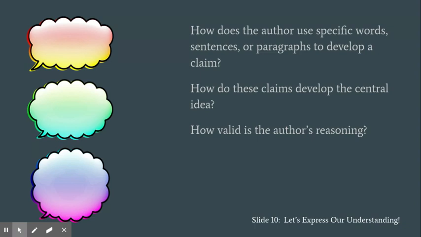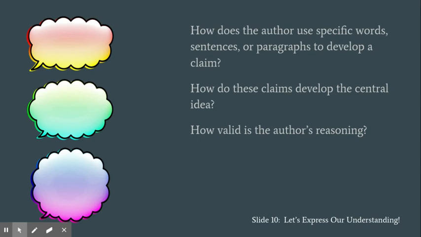I'm going to give you a few minutes to jot down some notes in response to those questions. I would open up a blank Google Doc and just jot down some notes. And then we're going to participate in the whole class discussion about these questions using the conversation stems from the reading protocol handout.